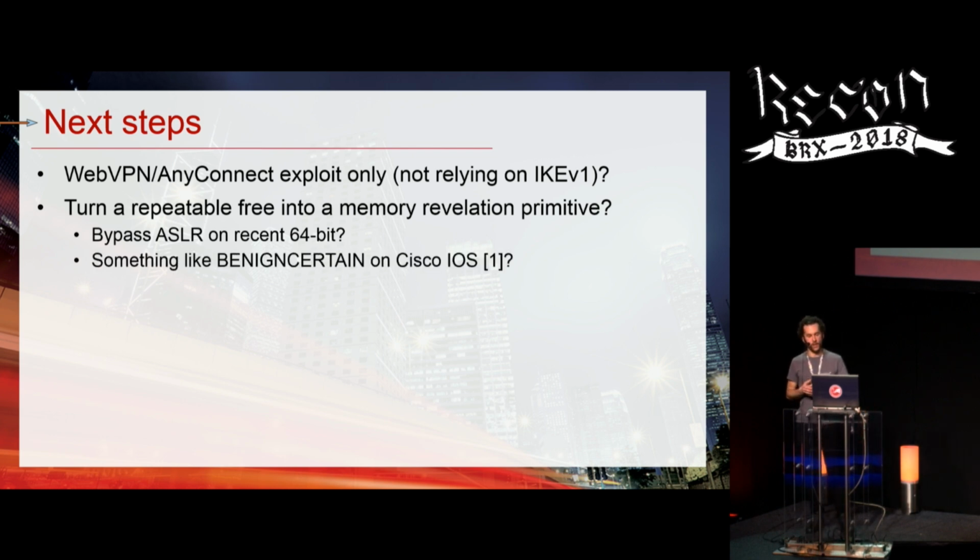A little bit similar to something like Being Uncertain, which targets Cisco iOS, and the idea of this exploit that was released as part of the leak is to basically send, so it's on iOS, so it doesn't work on ASA, and it's patched now.